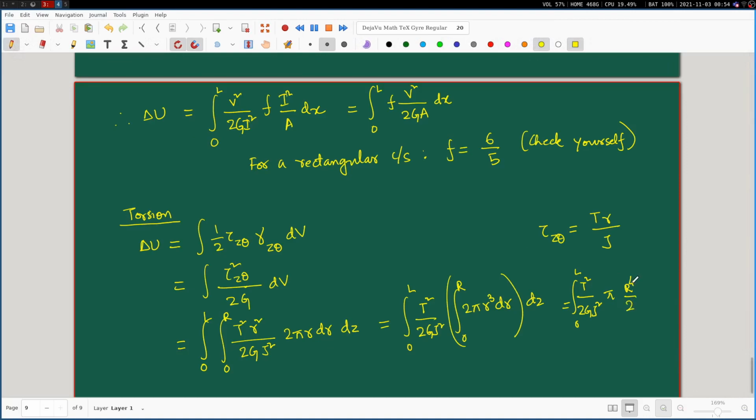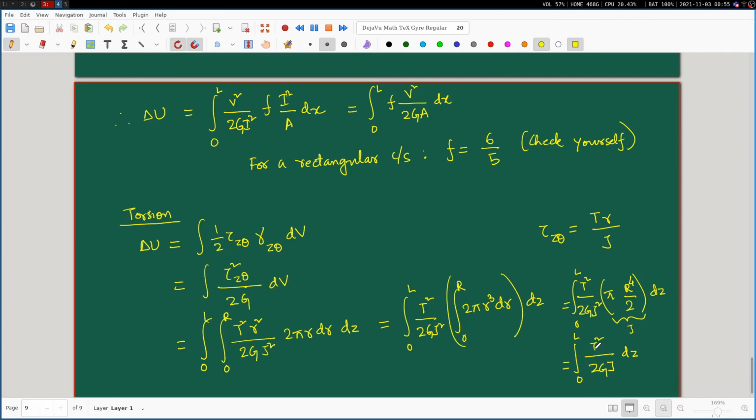I've just done a little algebra by erasing some stuff. Now please note that this pi r to the power 4 by 2 is nothing but J itself. So that J will cancel with one of the J square, and we'll be left with T square by twice GJ dz. And this is again in the form which we are familiar with from the previous cases.